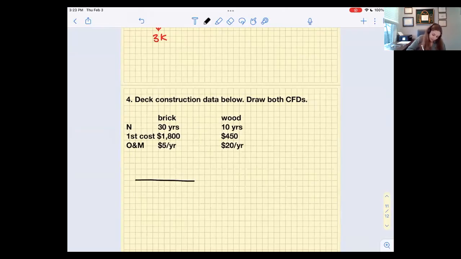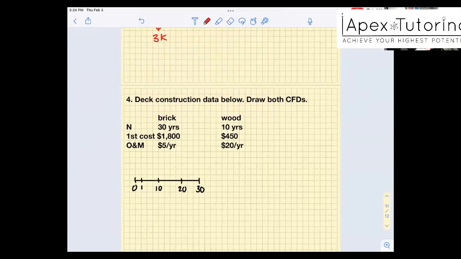So for the brick, we've got 30 years. So it goes like 0. We'll have to mark year 1, and then maybe we can just mark like 10, 20, 30 or something like that. What do I do with the 1,800? Arrow down.